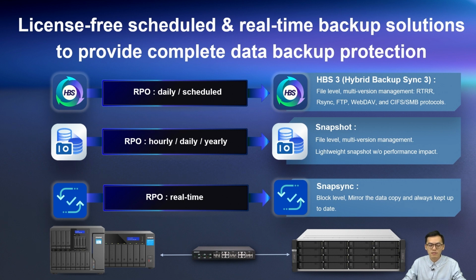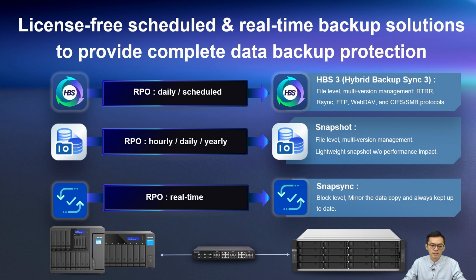First, HBS 3 Hybrid Backup Sync 3 is the best way to build a backup 3-2-1 strategy that allows you to easily keep 3 copies on 2 types of storage and store 1 copy offsite to ensure your data safety. And Snapshot is just like taking a picture.